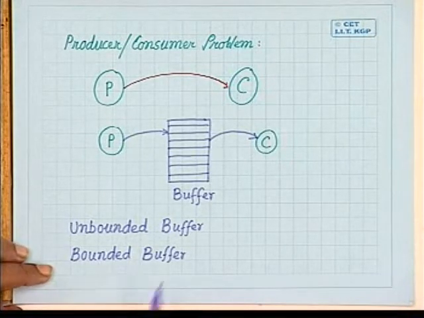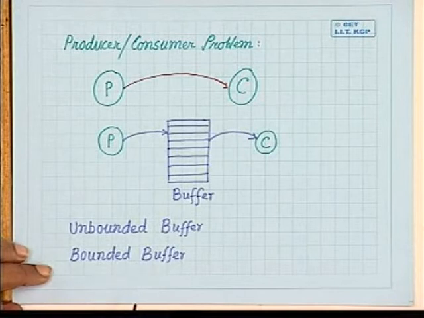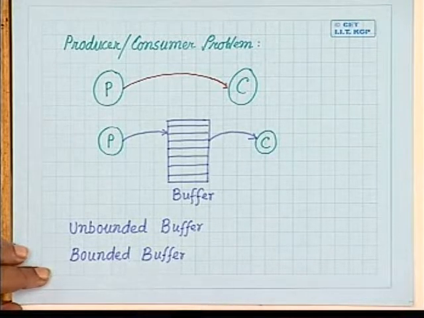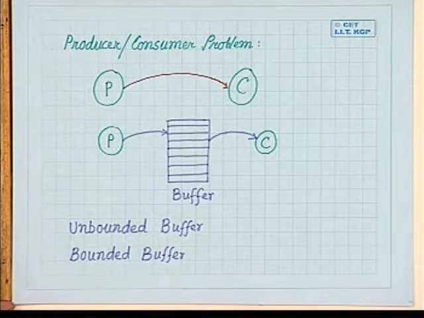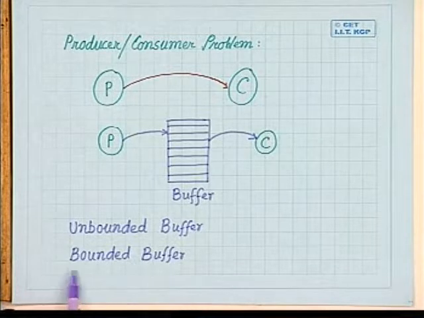But if we have bounded buffer, since our assumption is the production rate is higher than the consumption rate, naturally the buffer is going to be filled up, because there will always be some items accumulated in the buffer. And there will be a point of time when all the locations in the buffer will be full.